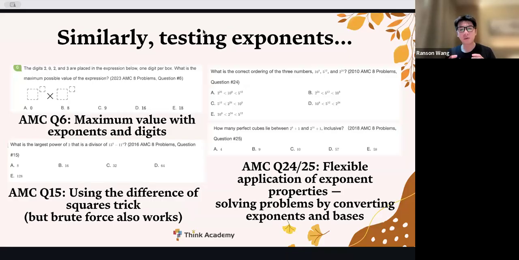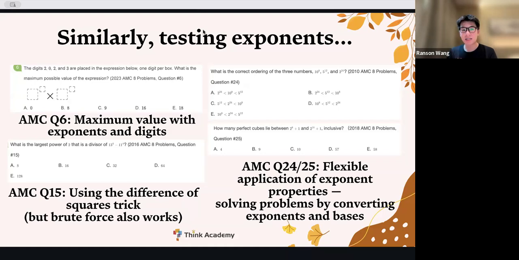And if it's the middle level question, it's going to be a cross module or cross topic question. So here, not only do you need to use the exponents, but you also have to combine it with the difference of squares trick to solve it.